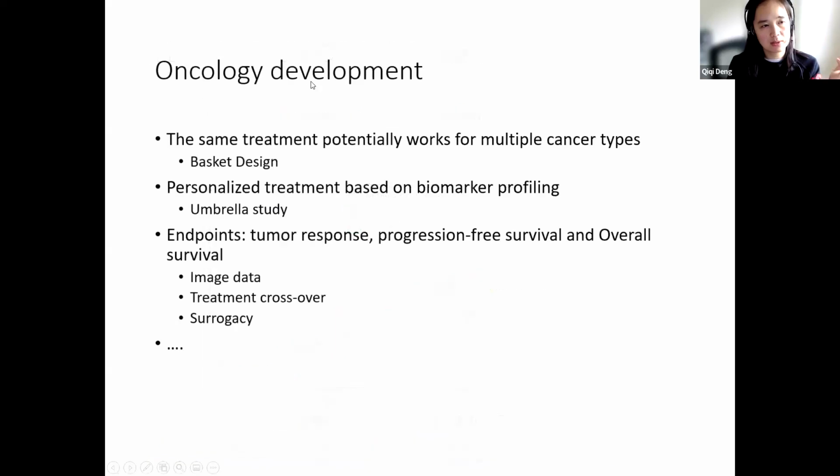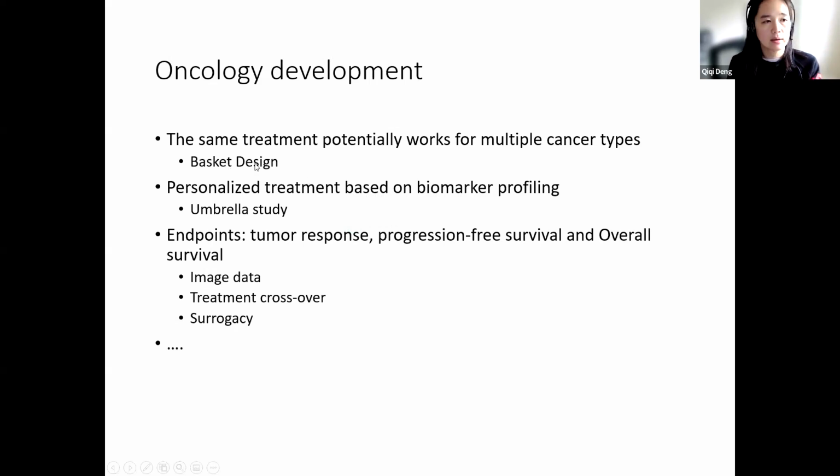But oncology treatment also has many other special characteristics. For example, in oncology, a cancer treatment can potentially work for multiple cancer types. One treatment can work for colon cancer as well as breast cancer or head and neck cancer. So there could be multiple indications for one drug.